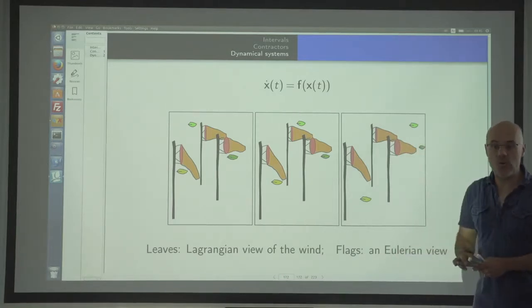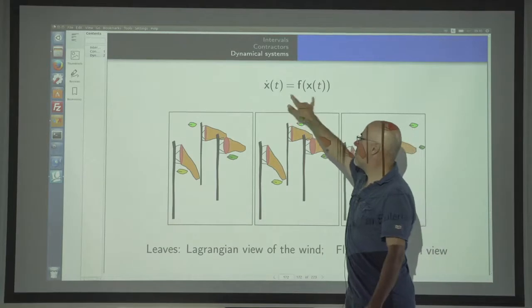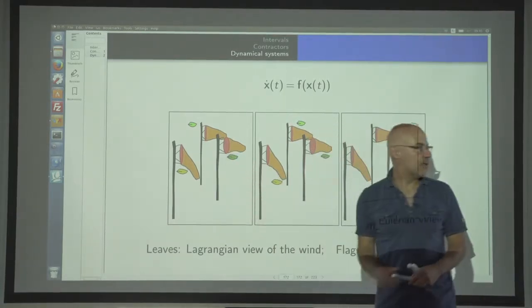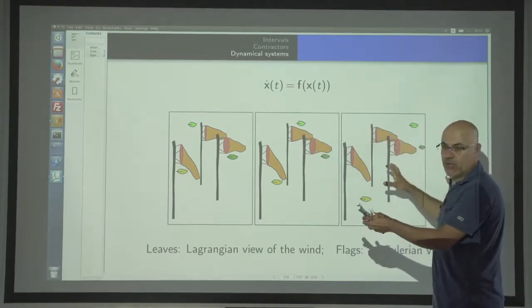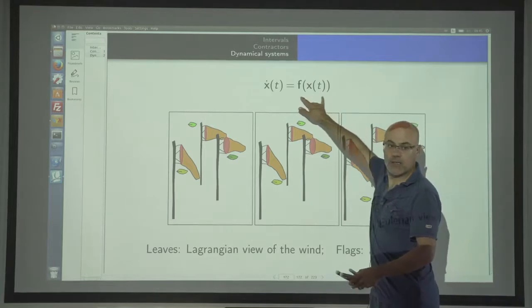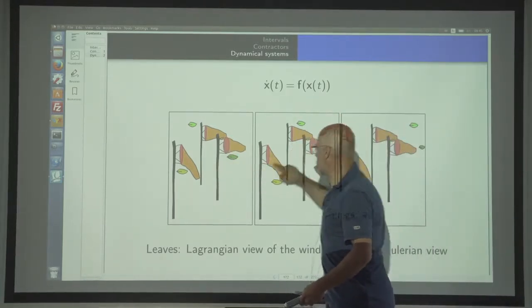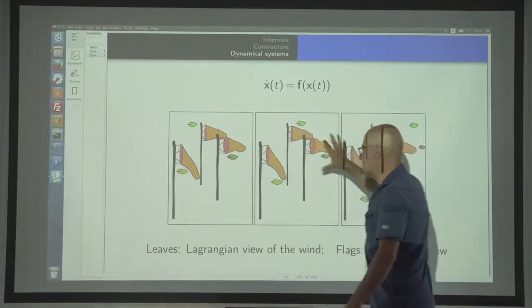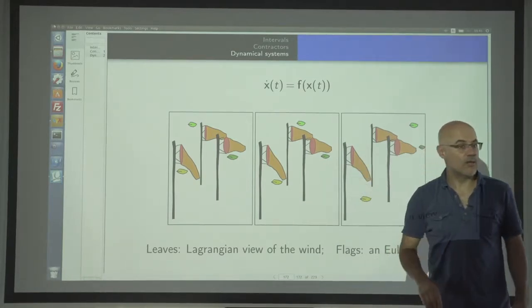There is another way to see geometrically how your differential equation behaves: you look at the flags. Just looking at the flags, you will be able to have an idea of the behavior of the fluid, and you obtain an Eulerian approach. So an Eulerian approach with the flags, a Lagrangian approach with the leaves that move with the fluid. Flags don't move with the fluid.